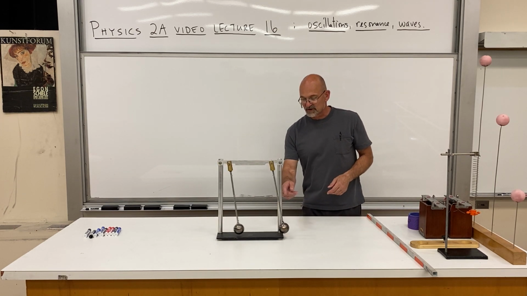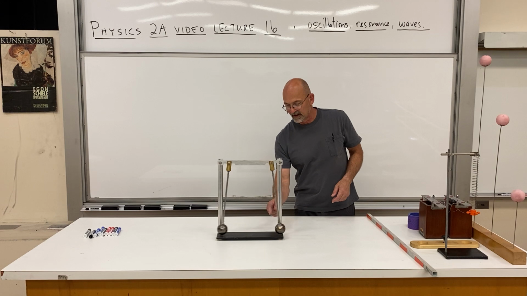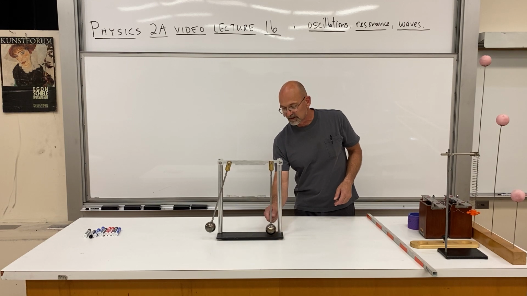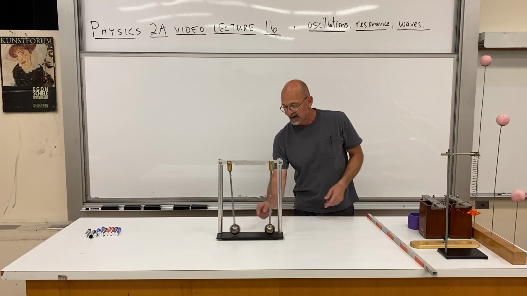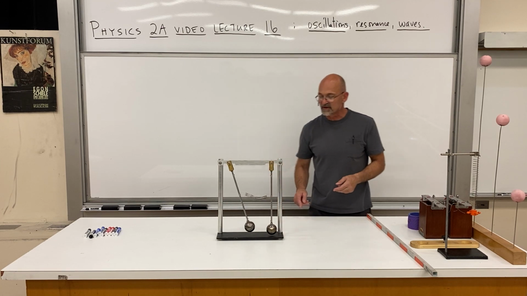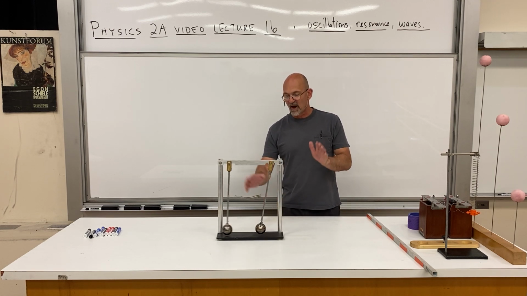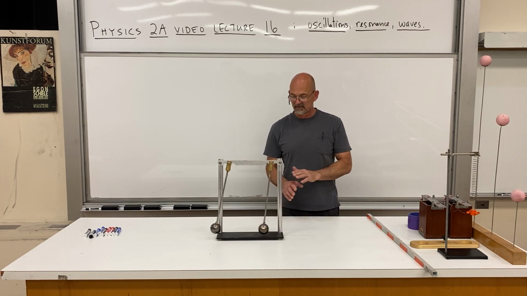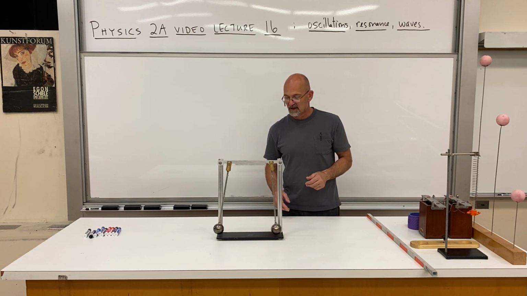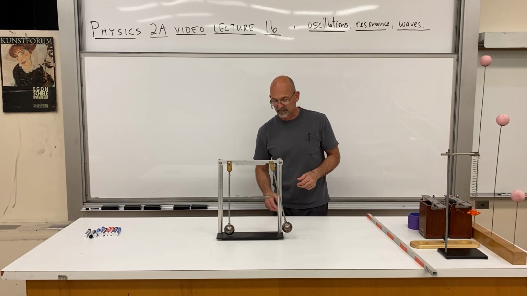So now we see this one slowing down, and pretty soon it'll come to a dead stop right now. Right there. And this one is swinging fully. And so this will go back and forth for as long as the small amount of friction doesn't cause the oscillations to just decay away. So we can have this back and forth a few times.